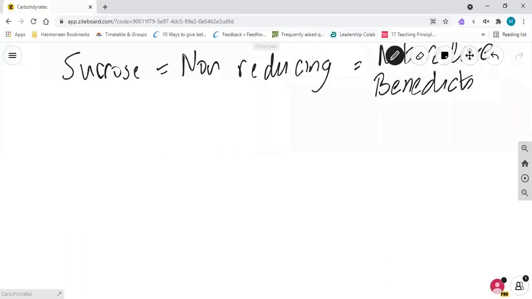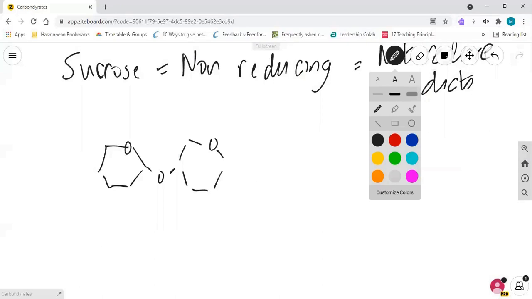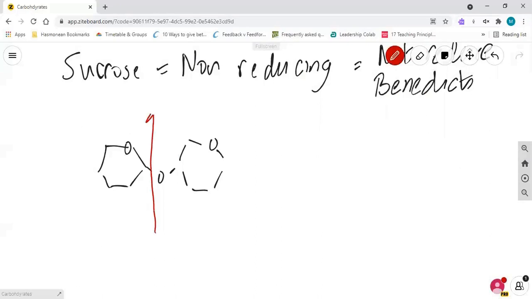Now you remember we said that sucrose, like all other sugars, is made up of two monosaccharides joined together, like all other disaccharides. So we know it doesn't work with Benedict's, but if we can break it up, i.e. hydrolyze it to form two sugars again, then we can test it with Benedict's.